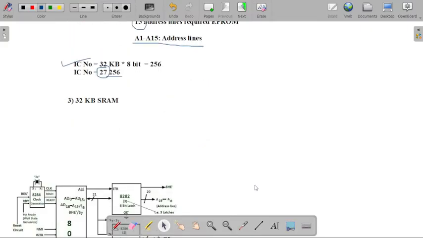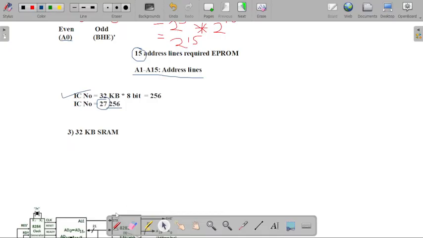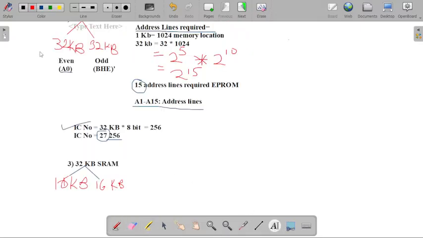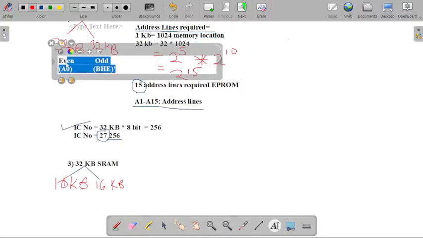Whenever you are considering this 32 KB SRAM, we will consider 16 KB and 16 KB for each of the even and odd memory banks. So I am writing here 16 KB, and here also you can consider 16 KB. The same concept we are following for the even and the odd memory bank.